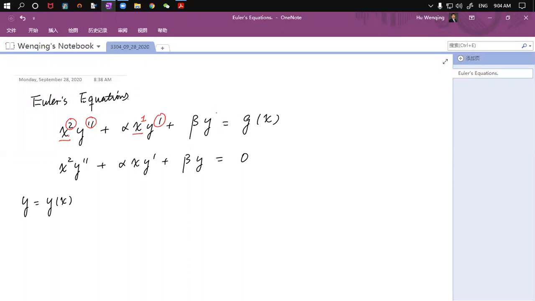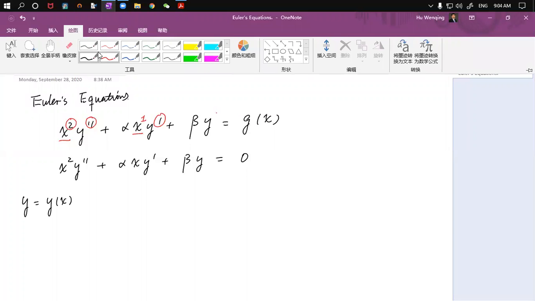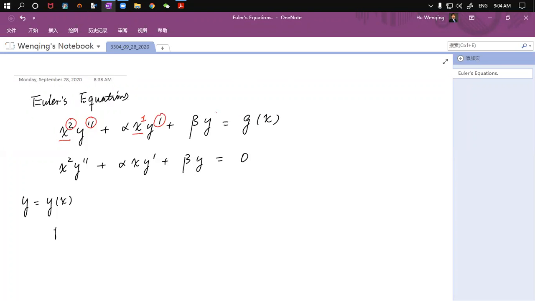So you have to be able to identify an Euler's equation by yourself.